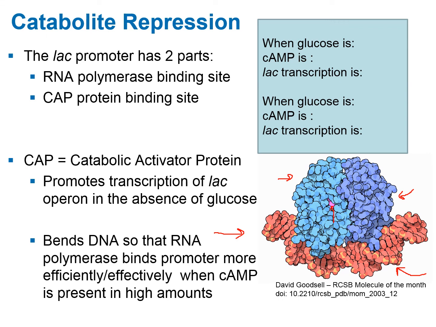That's the cyclic AMP that activates the CAP protein so it can bind the DNA at the promoter. What it actually does is it bends the DNA, making it easier for RNA polymerase to bind the DNA and transcribe. So I've kind of explained what happens right now.